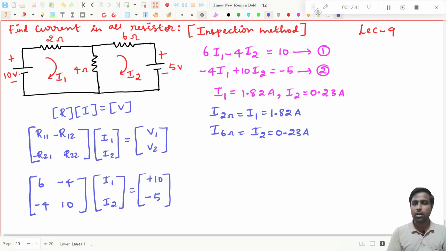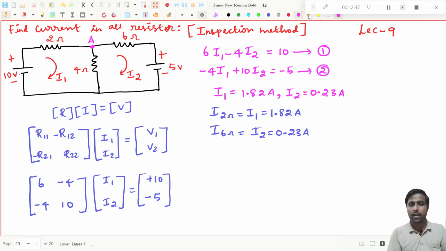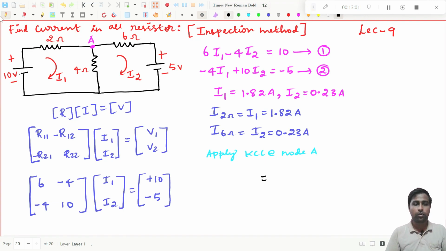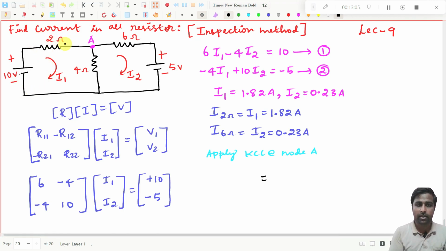How will you find it? Simple. You keep this as node A and apply KCL at node A. So put the symbols that you already know. This current is I1 and this is I2.